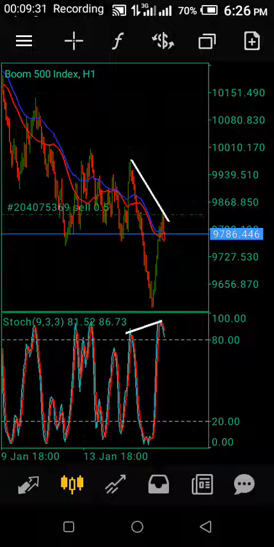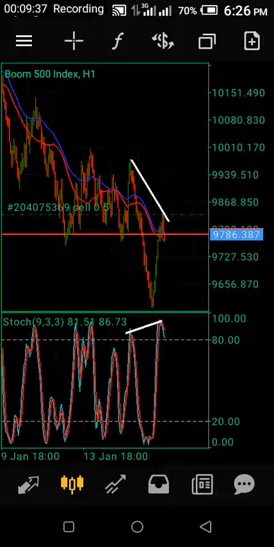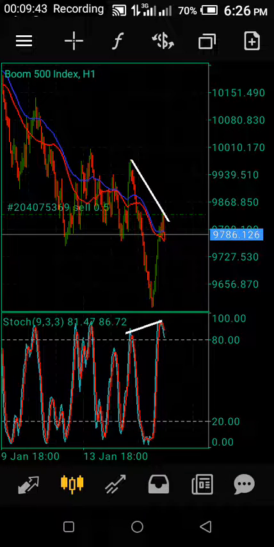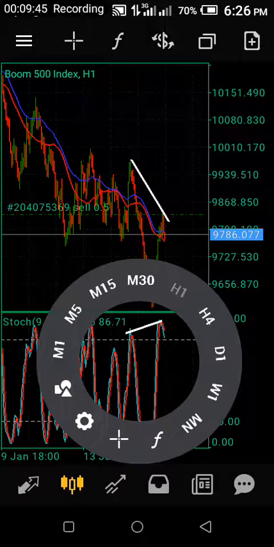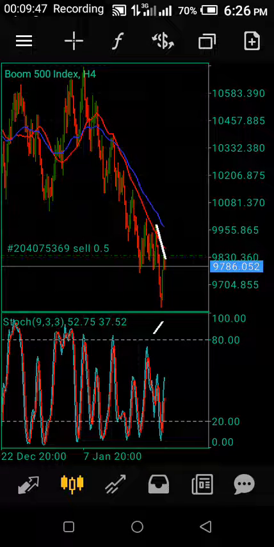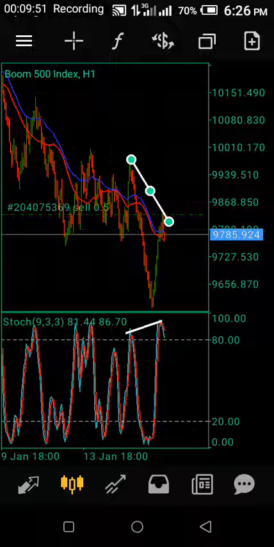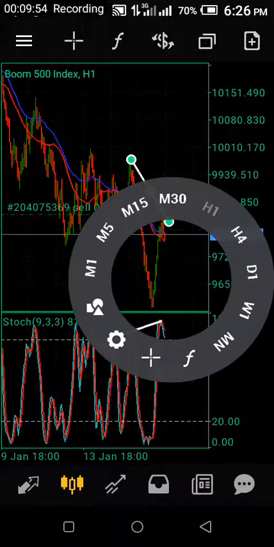I saw a hidden divergence on H1. This is the hidden divergence. It's not a regular divergence. Then I quickly checked my H4. There is a hidden divergence here, but if you check H4, it's not there.